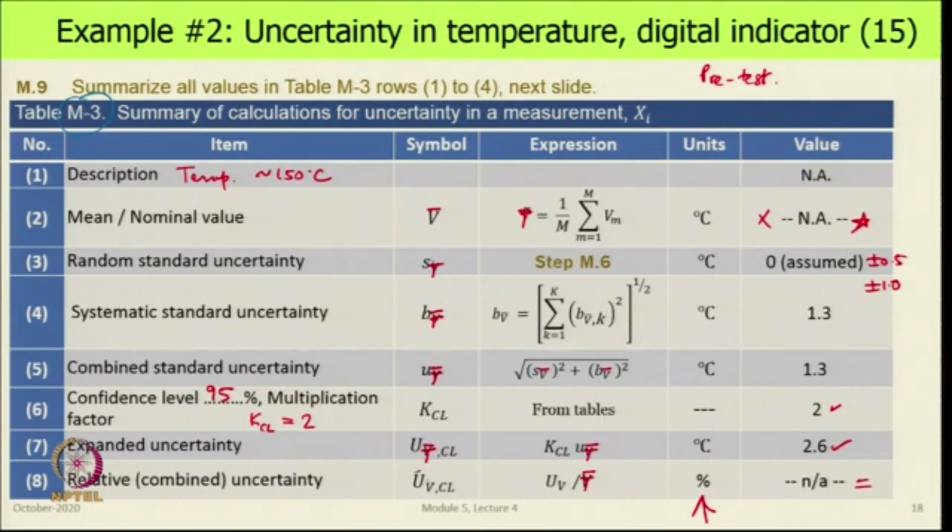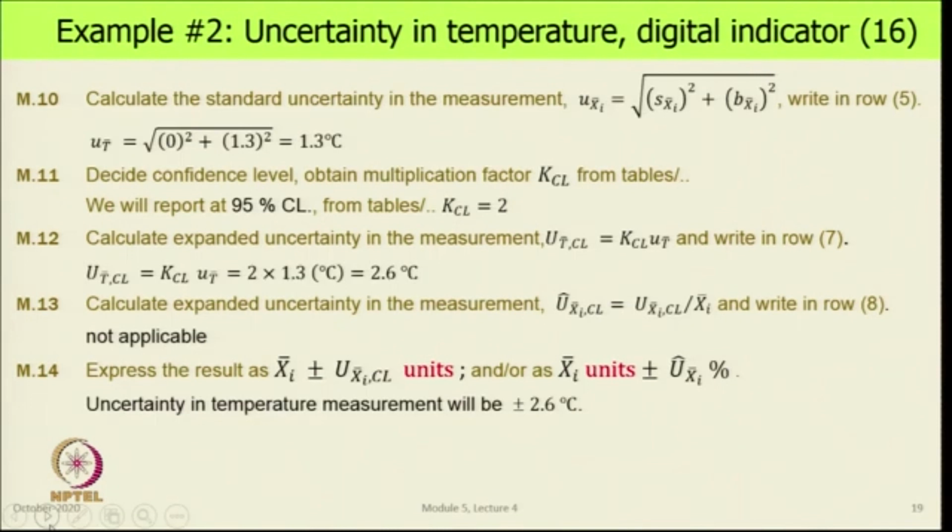So, having done all that, this is the number that we wanted for which we did this whole exercise. So, all of those steps in the table we have put here. UT bar is equal to 1.3 degrees Celsius. We define the confidence level KCL as 2. Then we calculate expanded uncertainty in the measurement UT bar, and this is KCL times UT bar, 2.6 degrees Celsius, and then we calculate the relative expanded uncertainty in the measurement.